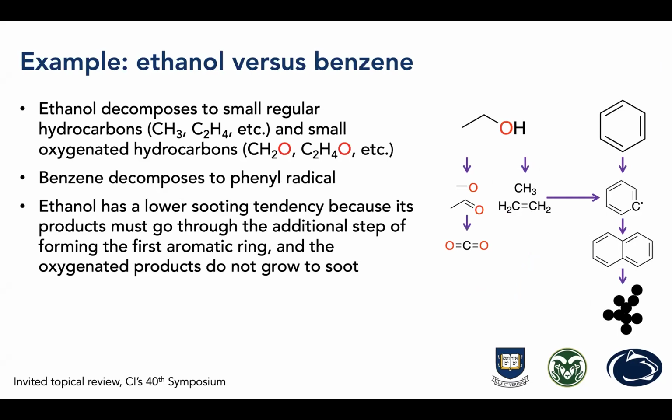So this is just a very simple example showing that ethanol can decompose into some oxygenates and small hydrocarbons. And in order to form soot, those small hydrocarbons have to form the first benzene ring or aromatic ring. Whereas benzene can go directly through phenyl radical to higher aromatics and eventually soot.